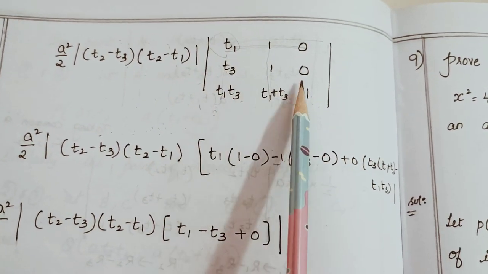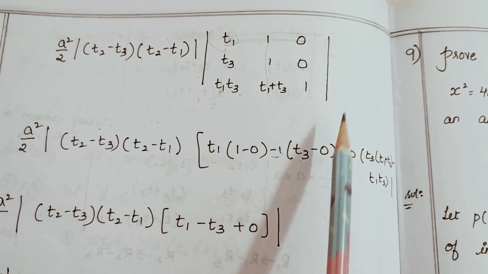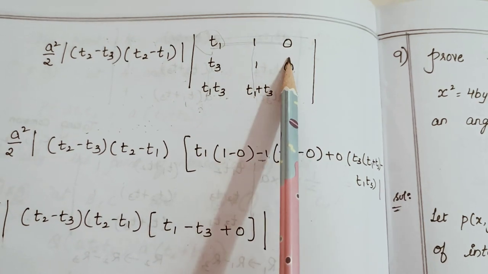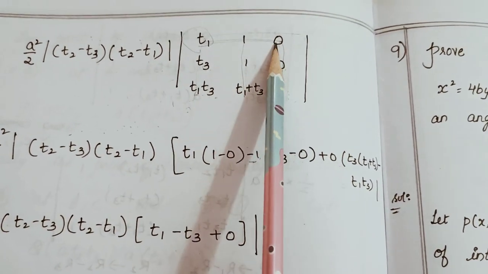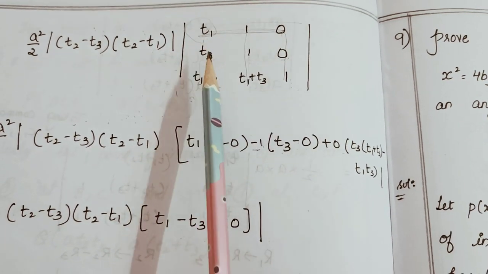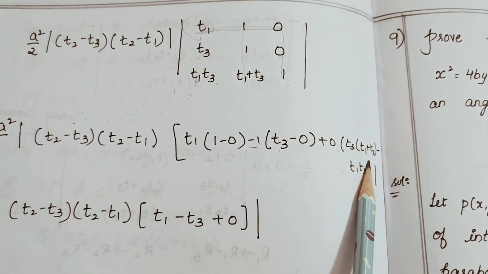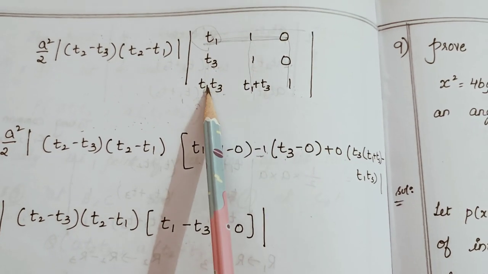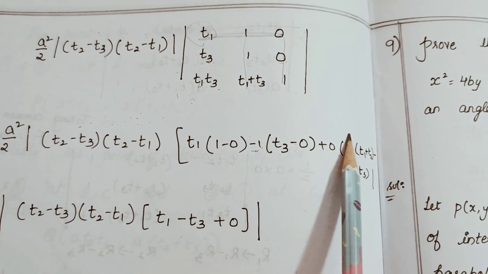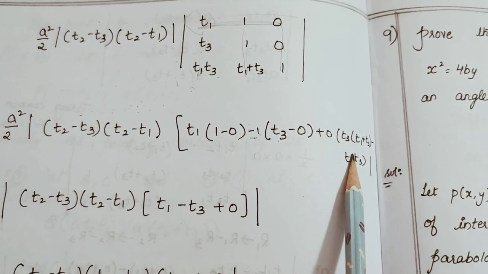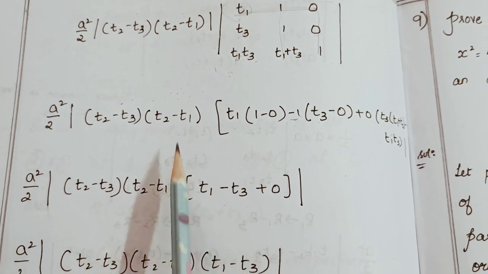We have to consider these two, T3 and this into 0 is 0, plus third one 0 into, now leave this column and this row. So multiply these two and these two. T3 into T1 plus T3 minus T1 T3, but here 0 is there, so full whole bracket will become 0. 0 into something 0. Okay, a square by 2 t2 minus t3 t2 minus t1 same.